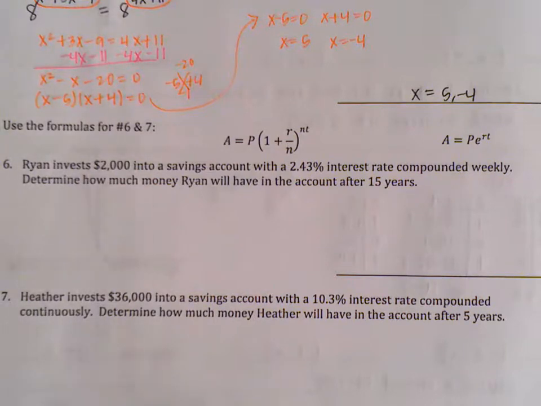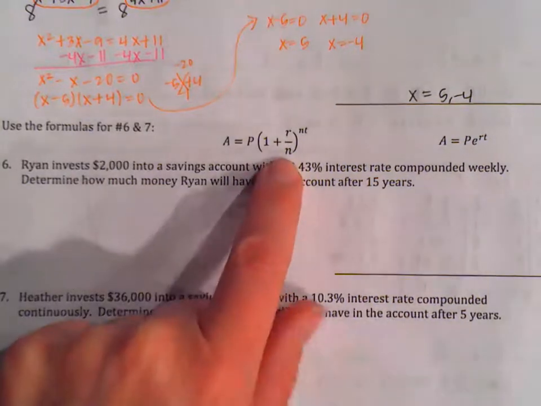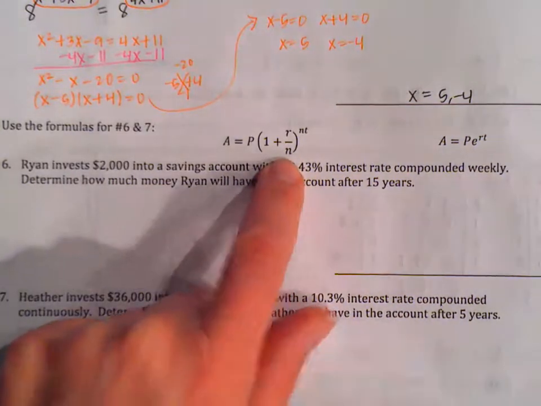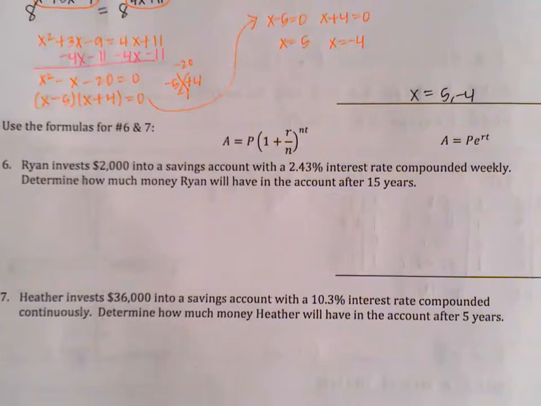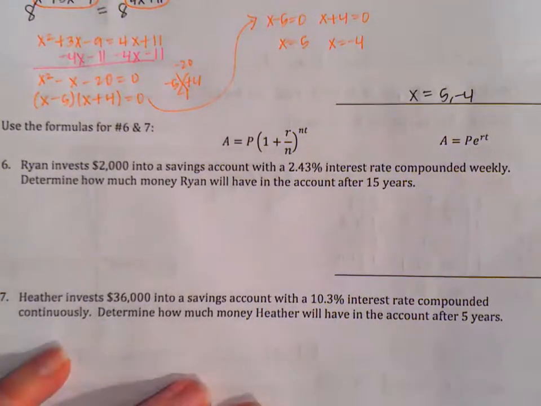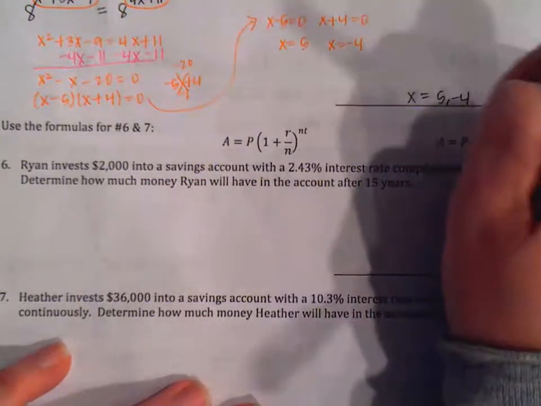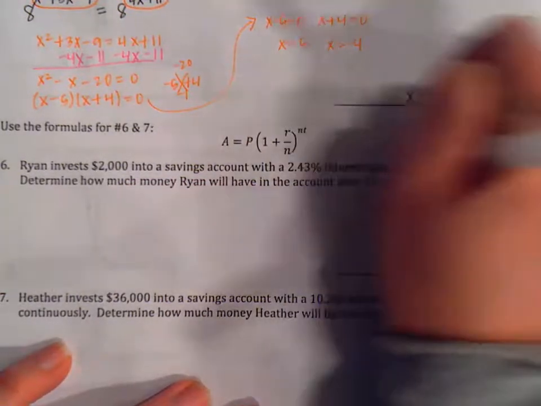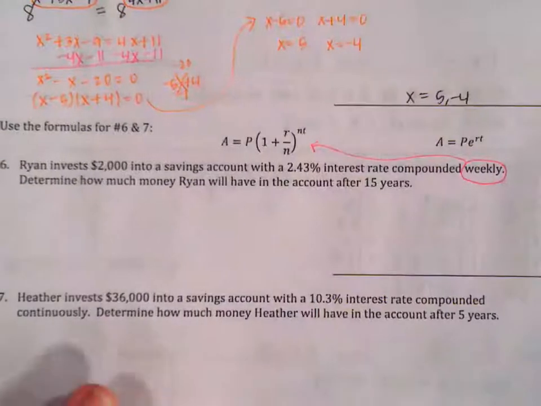Determine how much money Ryan will have in the account after 15 years. So how do I know which one to use? This one is compounded within a time frame, compounded daily, monthly, weekly, quarterly. And so because this says compounded weekly, I know I'm going to be using this one.